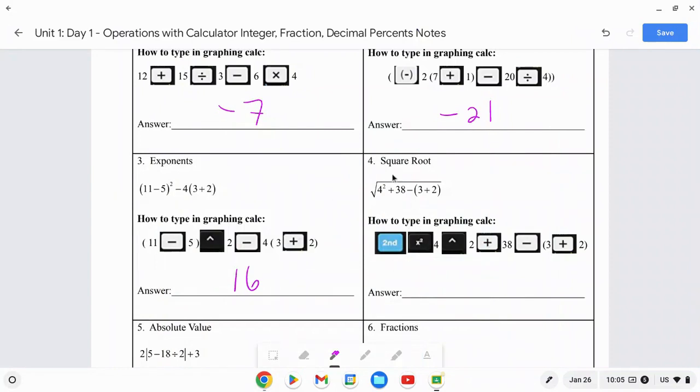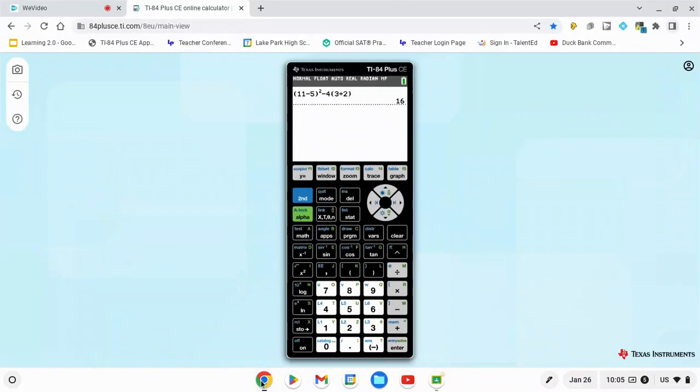Next, we're going to talk about how to type in a square root into the graphing calculator. So if we go back to the calculator, I'm going to hit clear. To get a square root symbol, you type the second button, which is this blue button here in the upper left-hand corner, second. And then right above the x squared, you'll notice in blue, there's a square root.